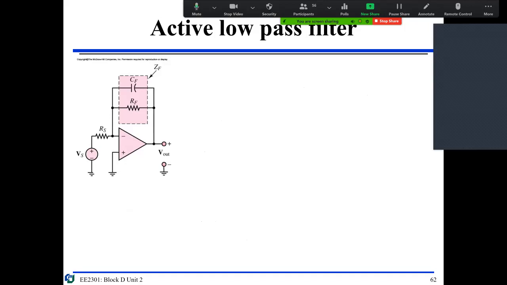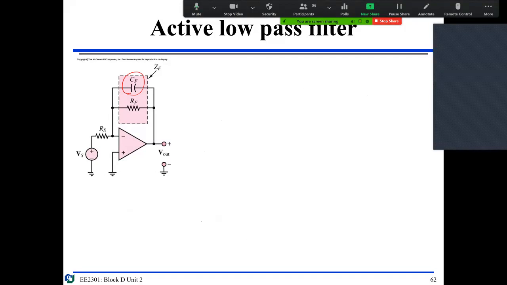So we are going to take a look. Without this CF, we are very happy. We know this is an inverting amplification, right? But when I do a parallel connection of CF here, the story starts to change.